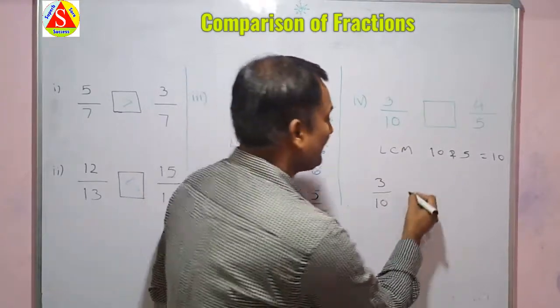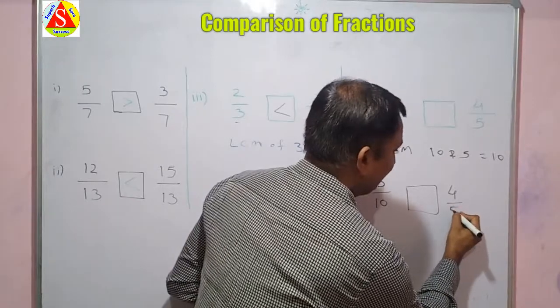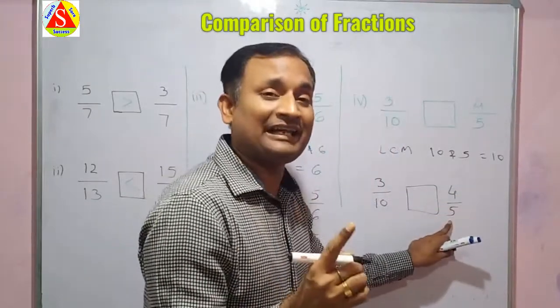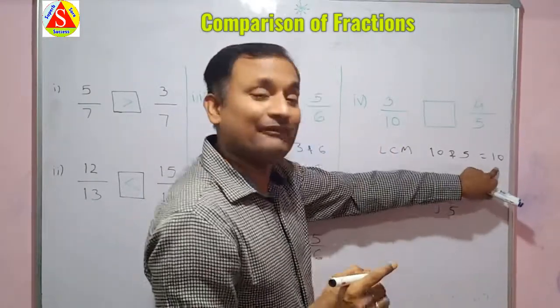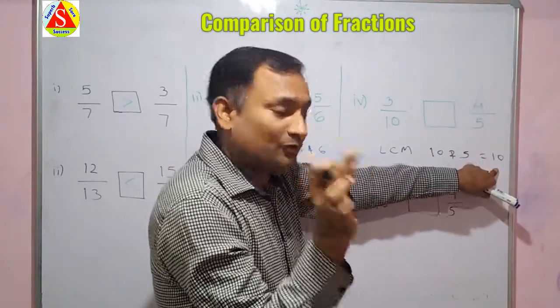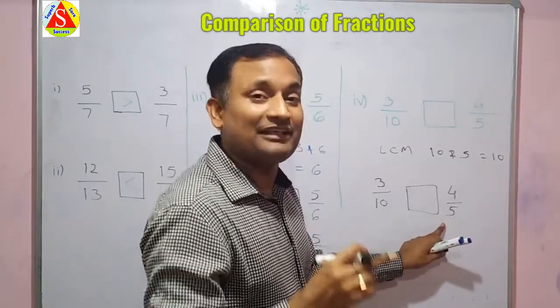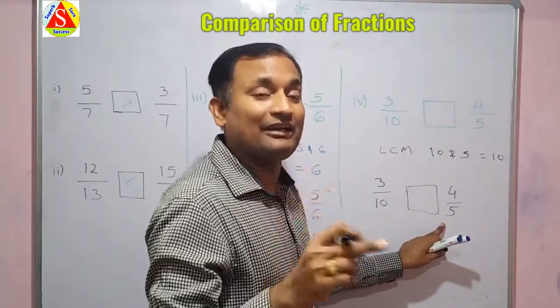Because we have the same denominator as the LCM in the first term, there is no need to multiply here. But in the second term, look here dear students, we have 5 as the denominator and 10 as the LCM. What I told you, divide the LCM by this denominator, meaning 10 divided by 5. So we will have 2.